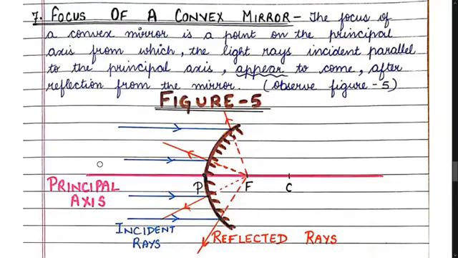The focus of a convex mirror is a point on the principal axis from which the light rays incident parallel to the principal axis appear to come after reflection from the mirror.